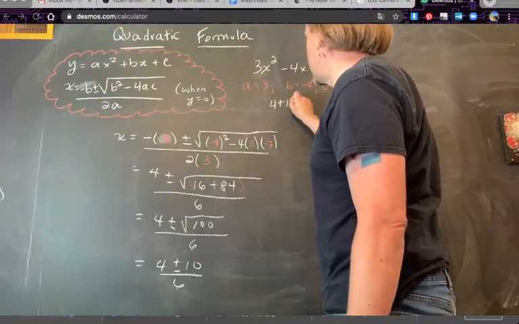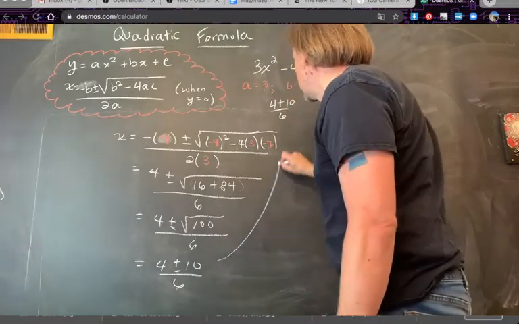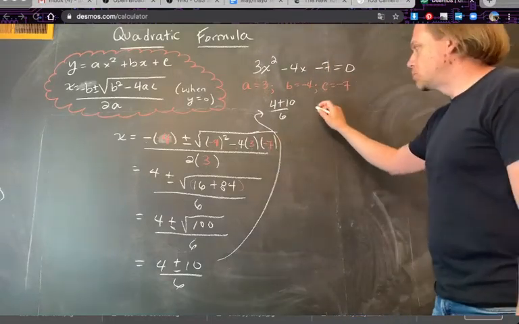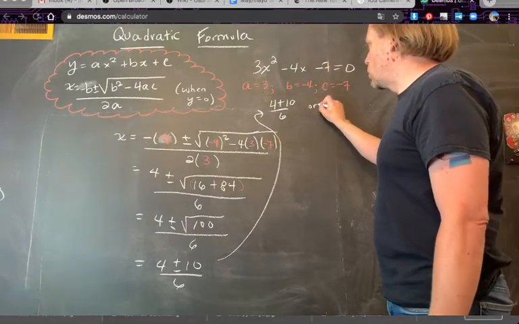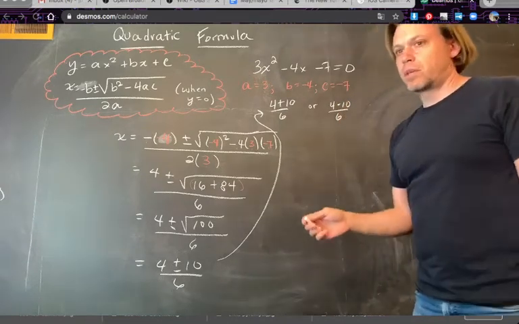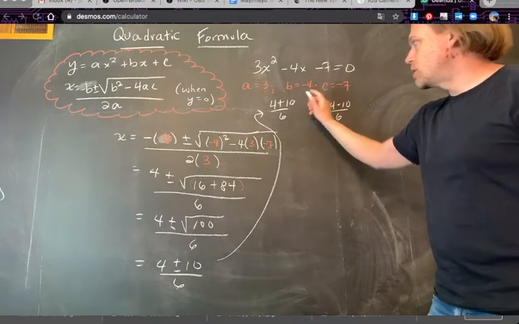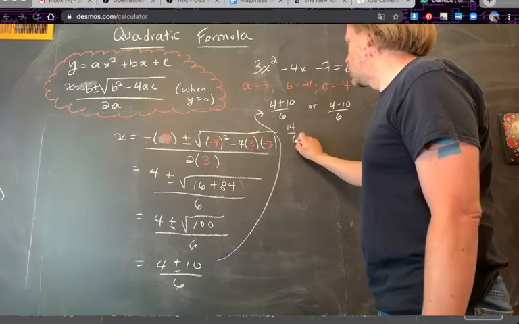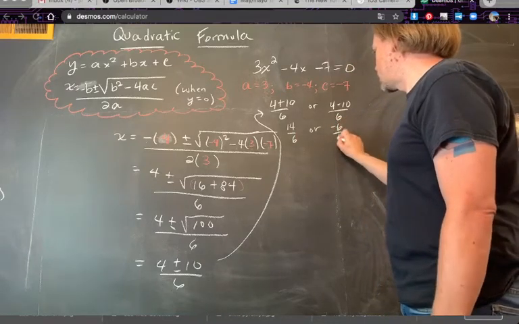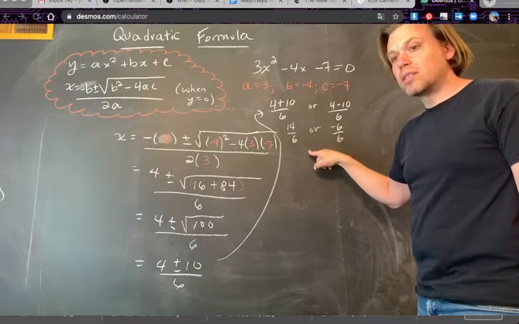4 plus 10 divided by 6. Arrow, just in case anyone got lost. Or 4 minus 10 divided by 6. Okay? And then 4 plus 10, 14. 4 minus 10 is negative 6. 14 divided by 6 is 2 2/3.